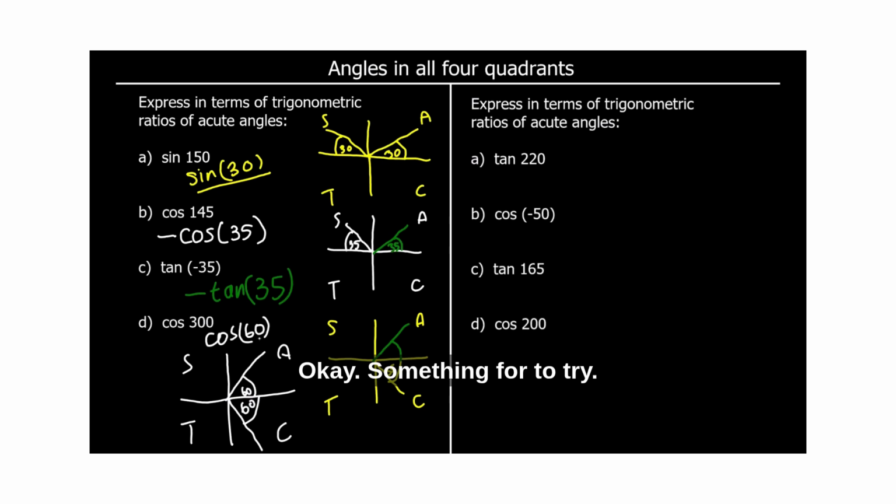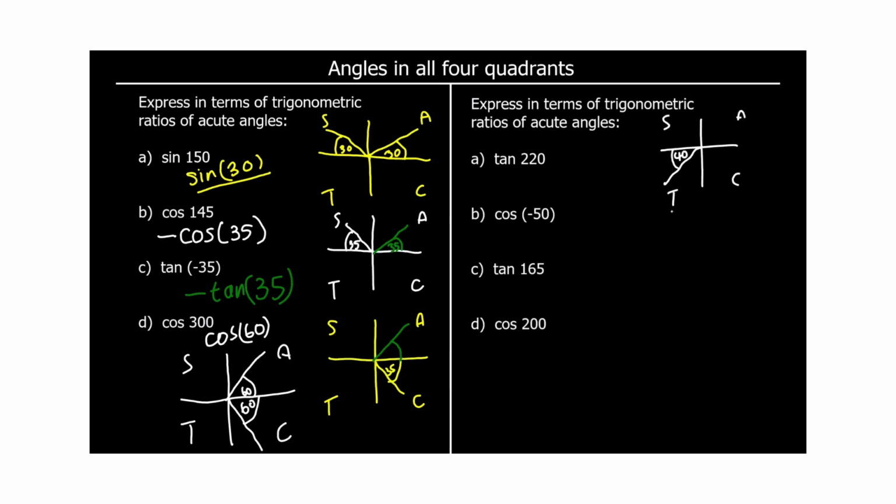Okay, some for you to try. Pause the video and give them a go. So tan 220. So 0, 90, 180. So 40 degrees is the acute angle. Tan is positive.